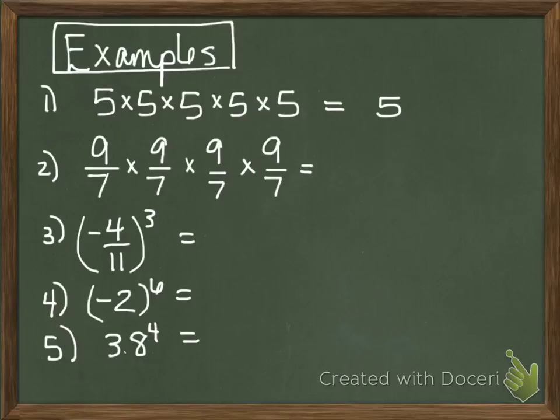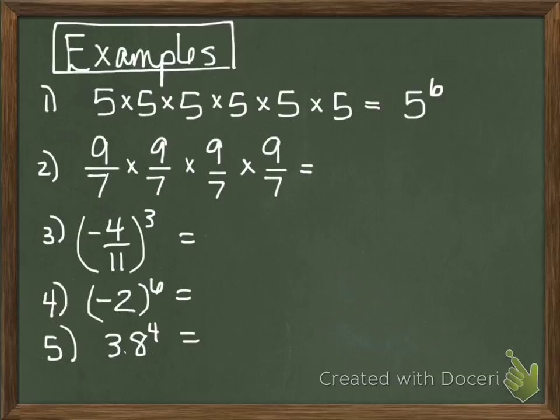Since those are the same, let's do one more. What would 5 used as a factor 6 times be? Well, it would be that base of 5 to the power of 6. So 5 to the 6th power would be an equivalent expression and a much simpler kind of shorthand way of writing it.